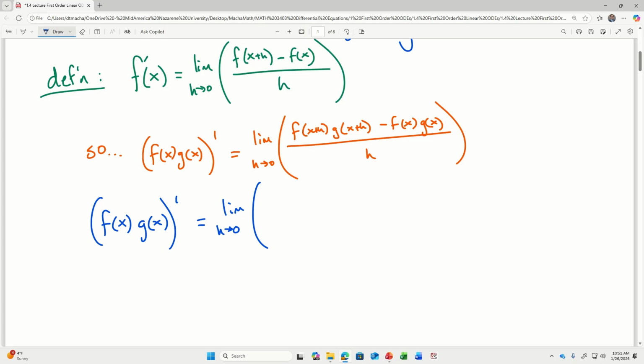And then the trick is we're going to take the same thing, but in the numerator, I'm going to add and subtract a term that looks like, let me think for just a minute.